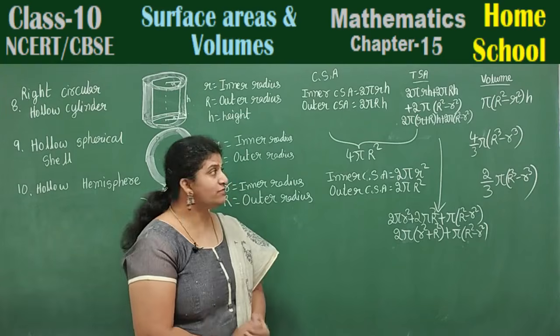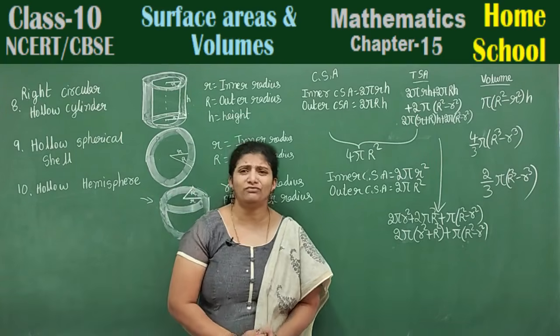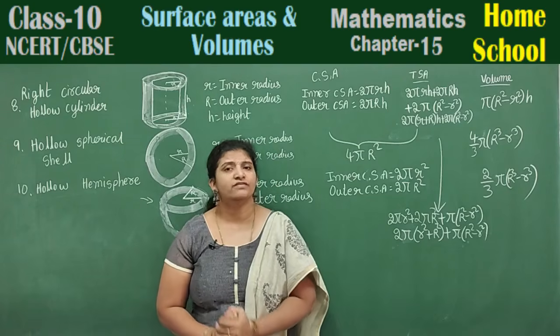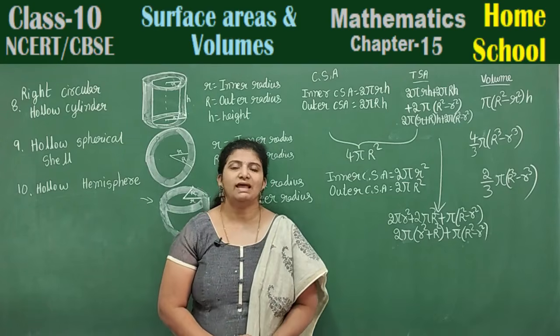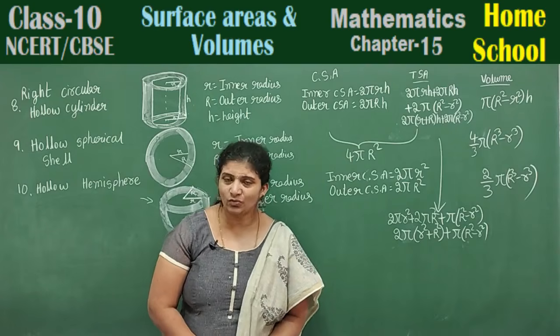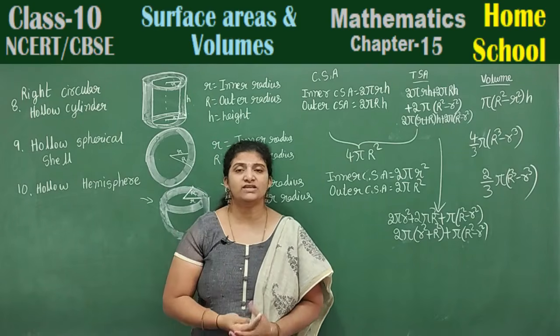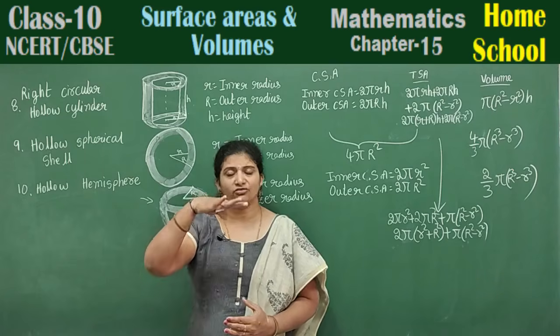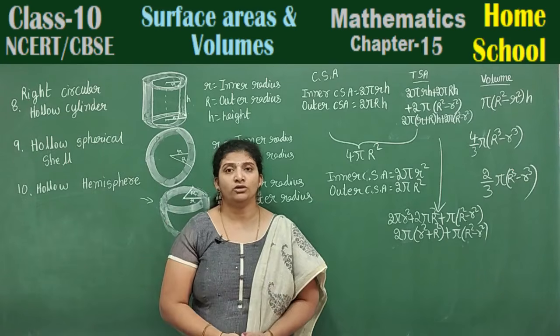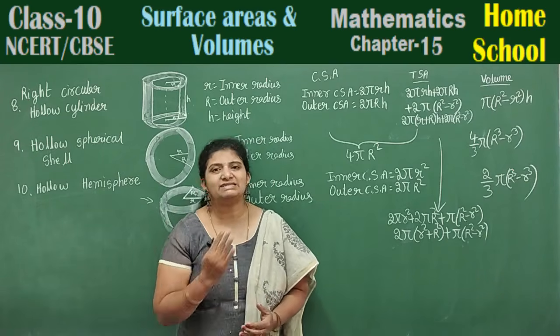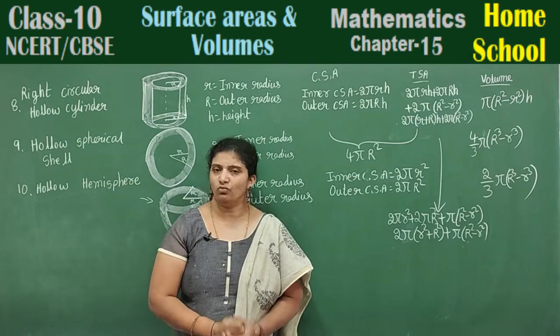Right children, these formulas are very important basics for this chapter, that is surface areas and volumes. Areas you know: CSA, total surface area is CSA plus area of top and bottom. Volume, the quantity inside the solid, is called the volume.